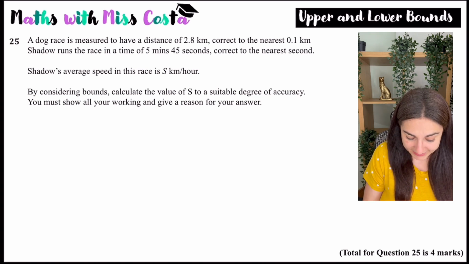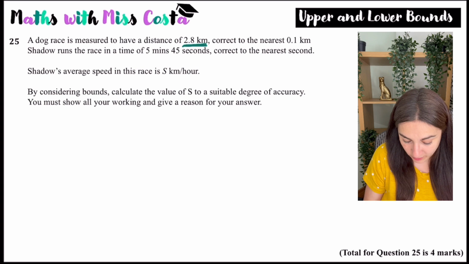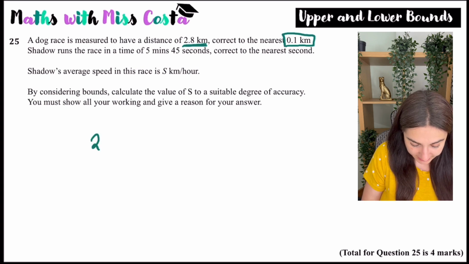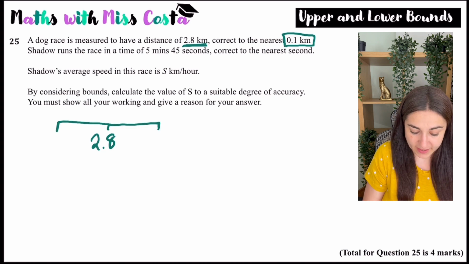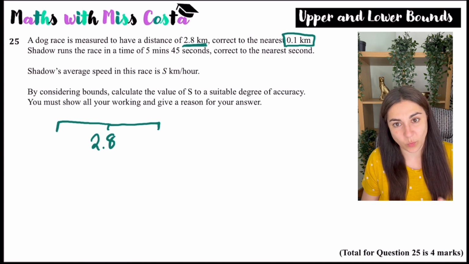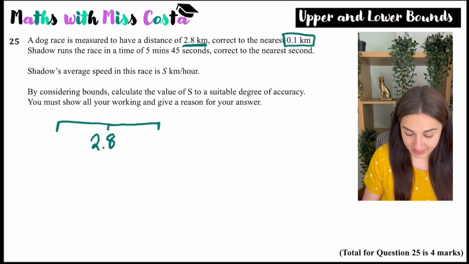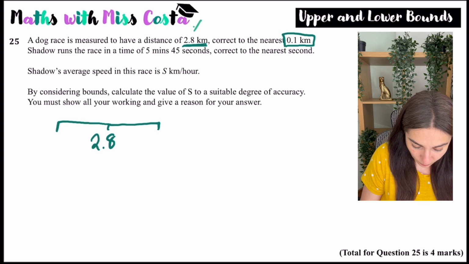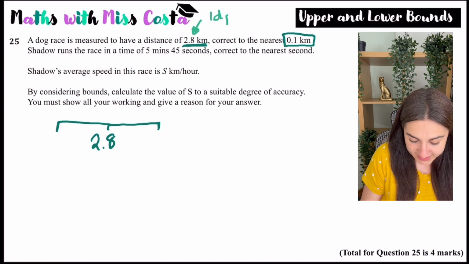So a dog race is measured to have a distance of 2.8 kilometers, correct to the nearest 0.1 kilometers. Okay, so it's 2.8 kilometers, correct to the nearest 0.1 kilometers. So all we do is we say, okay, what is the 0.1 kilometers surrounding 2.8, i.e. to 0.1 kilometers, in this case, it's 1 decimal place.